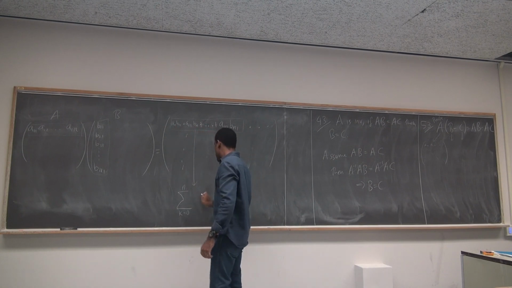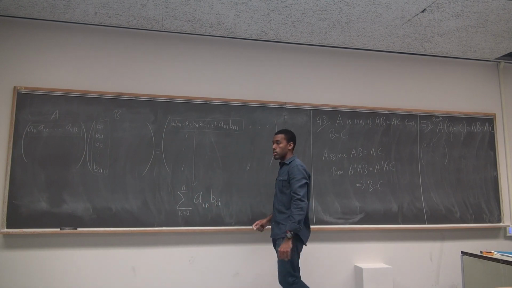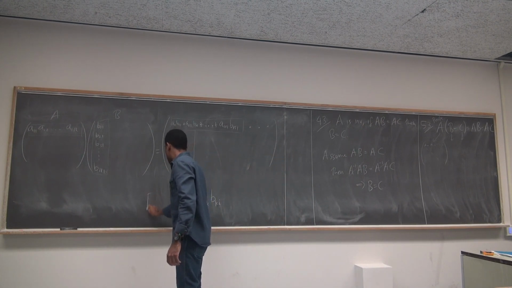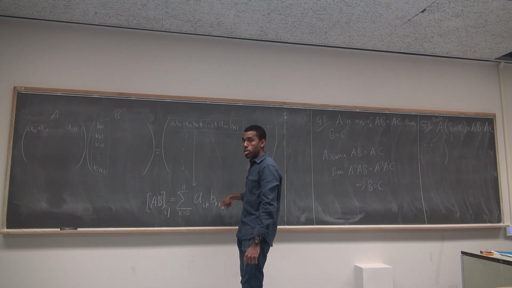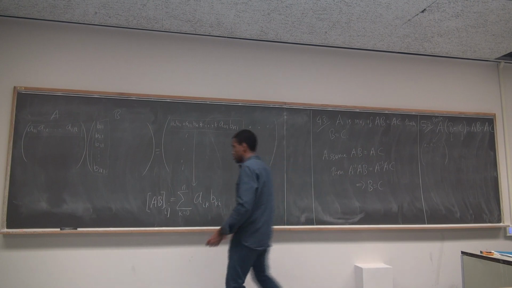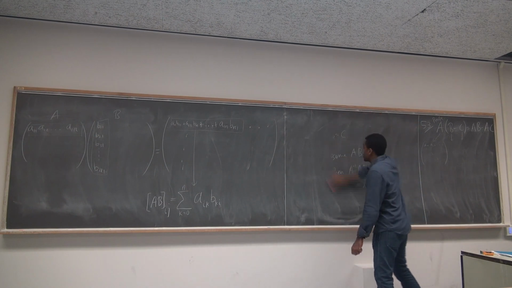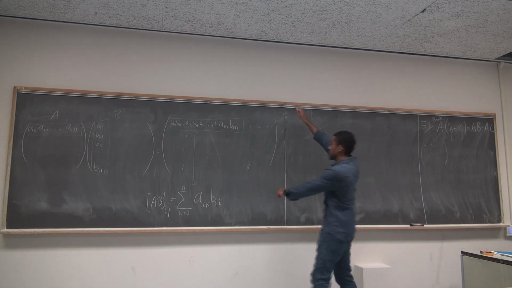So this is actually a sum of something like A-i-k times B-k-j. So the ij element in a product I can write as this. It's just a dot product that works in this way. So now, let's work on this.